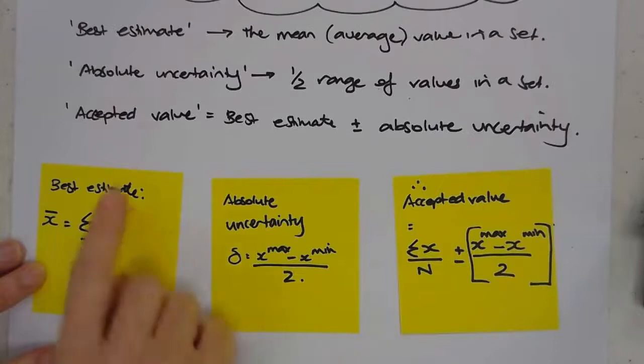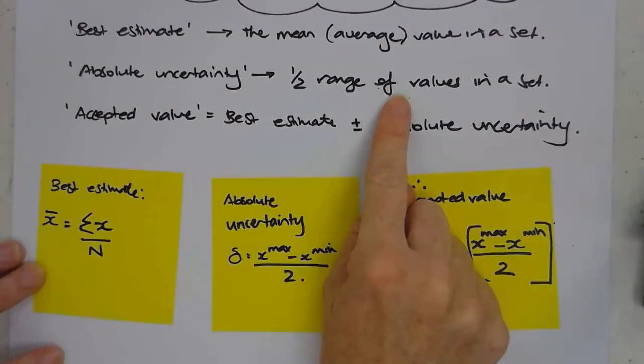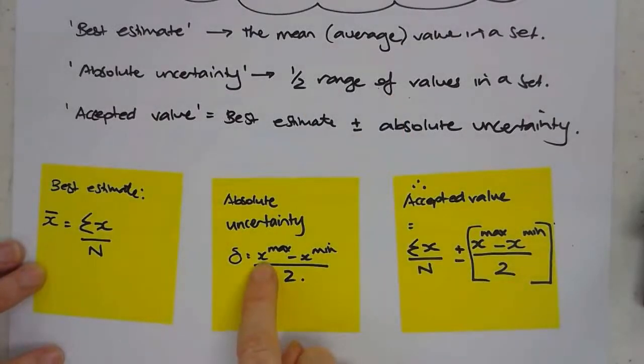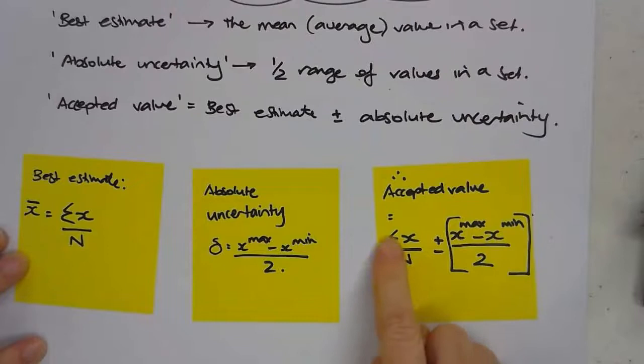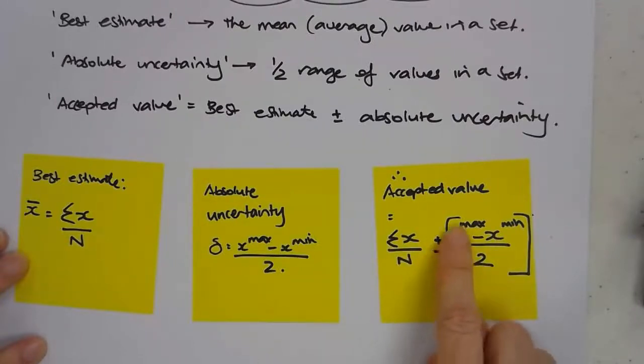Our absolute uncertainty is half the range of values in a set, so that's our max value, take away our minimum value, divided by 2. Then our accepted value all together in a formula would be our best estimate plus or minus, so above or below, the result of this. I'll do a practice in a second.